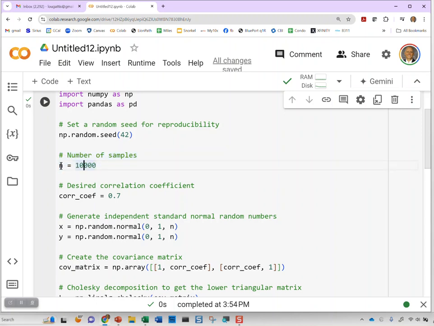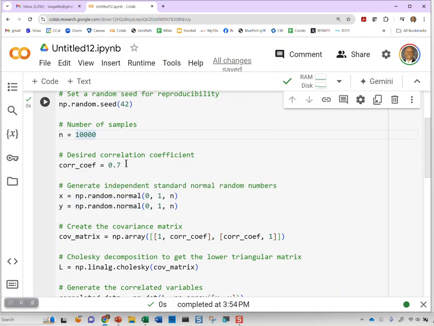Looks like I'm setting number of samples to 10,000. If I added a 0 to that, I'll get 100,000 random numbers. You put in the desired correlation matrix. So in the assignment for this one, you're going to actually generate a different model with a different correlation coefficient. You just need to go in here and modify this to the desired correlation.